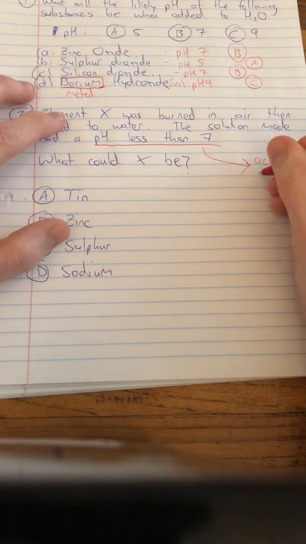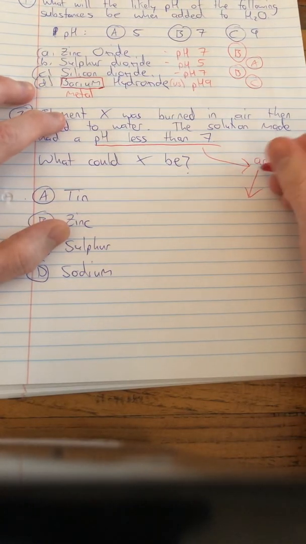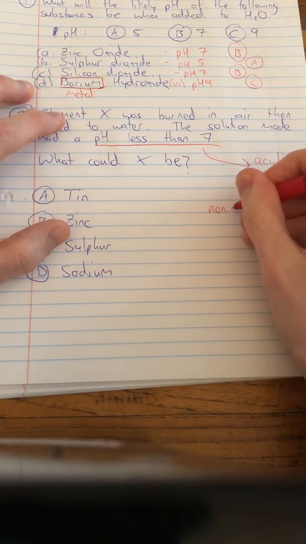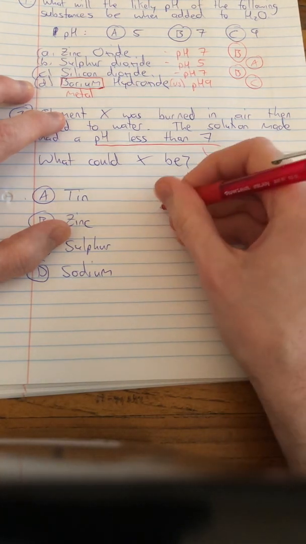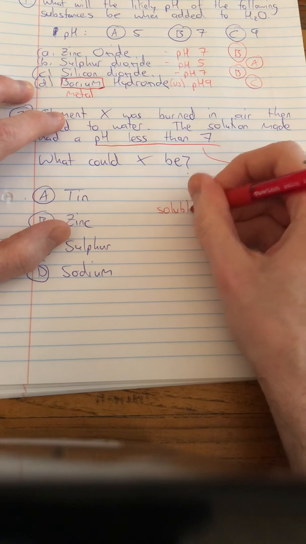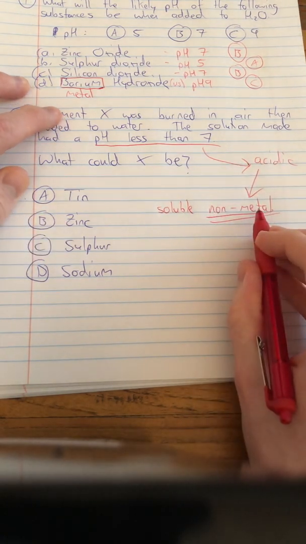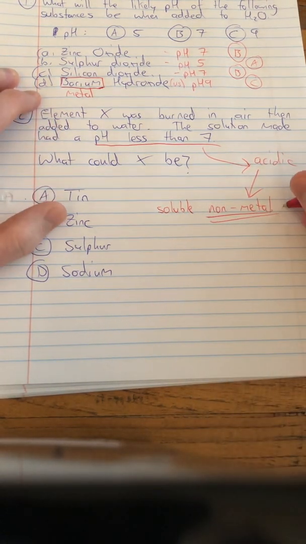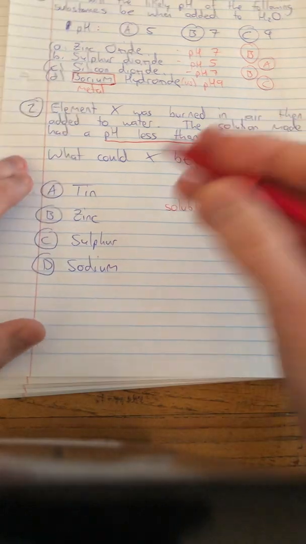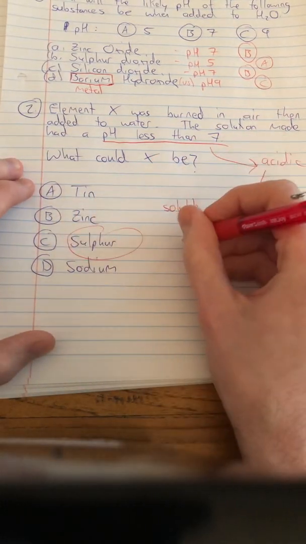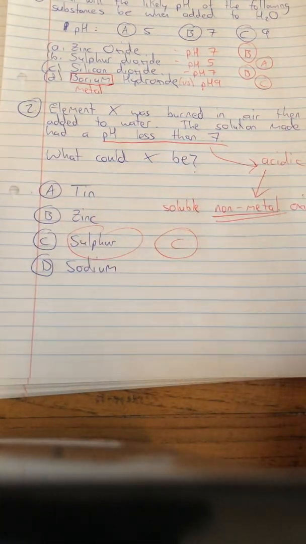Now, you should know that acidic solutions are made from non-metal, or should I say soluble non-metal oxides. So the only non-metal there is sulfur, so the answer is C.